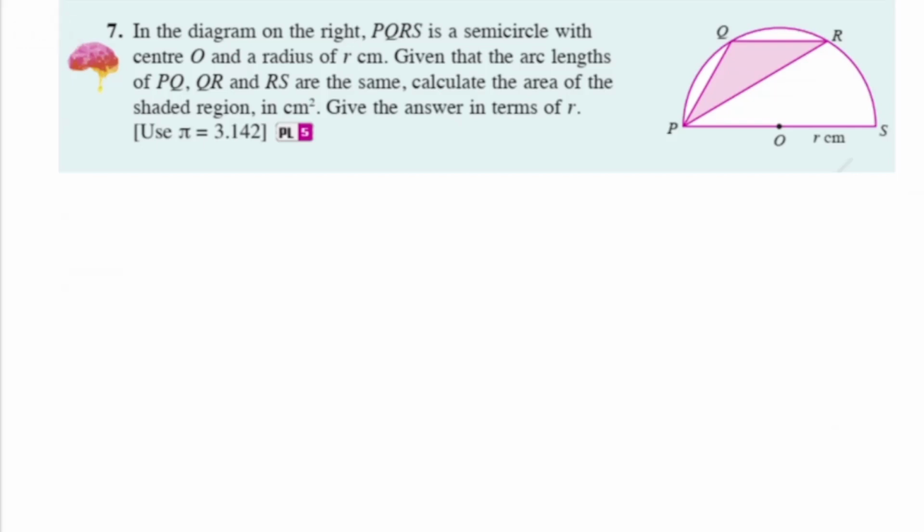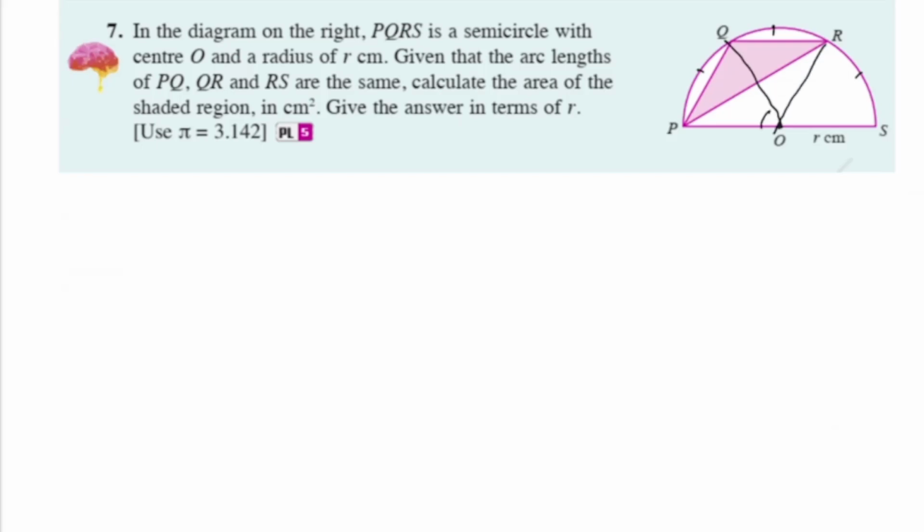Diagram on the right. You have a semicircle PQRS with center O, radius is r, arc lengths PQ, QR, RS are actually the same. So if you have 3 equal arc lengths, we can take this and join together.